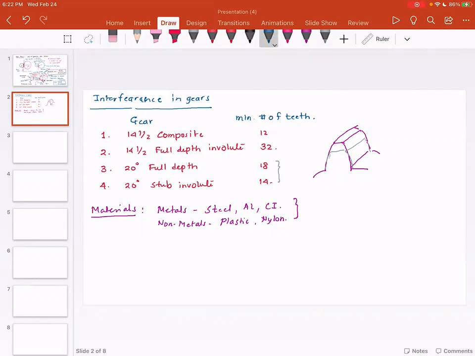And I just want to point out the properties for different gear material. They are given in table 28.3 on page 1035. So if you look at the gear properties, you will have something called the material. Then it will talk about the condition, and this condition is basically the heat treatment.